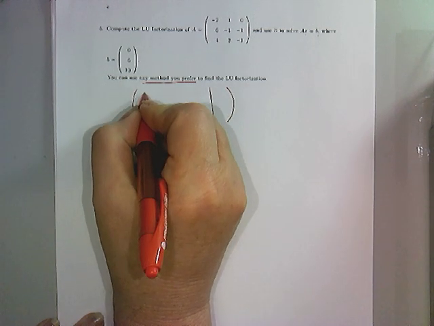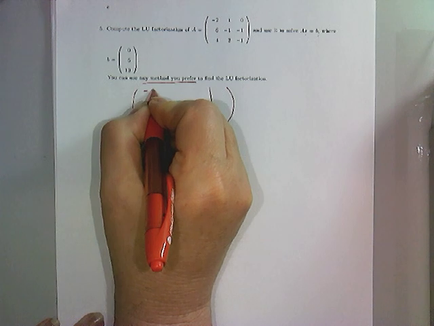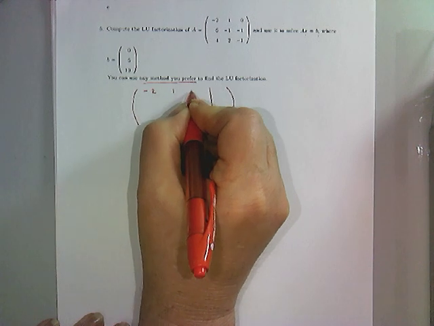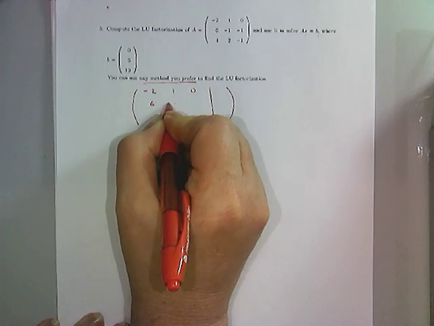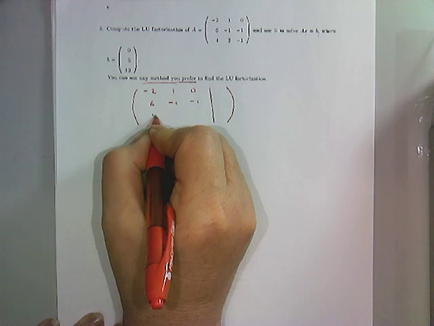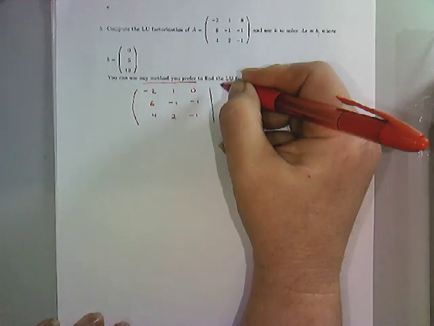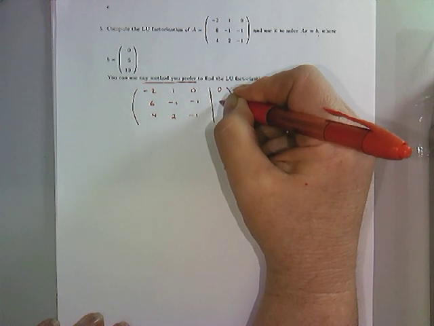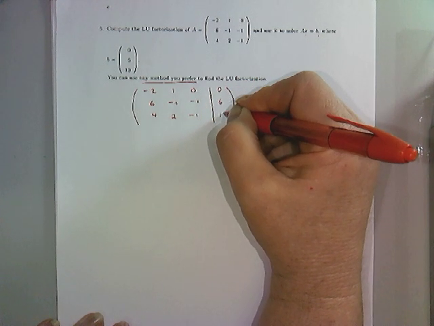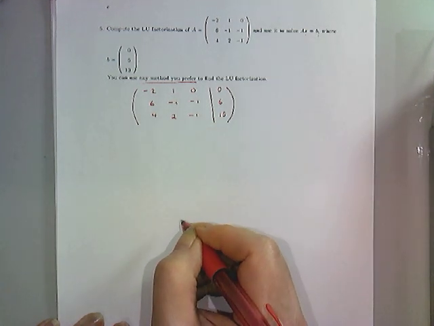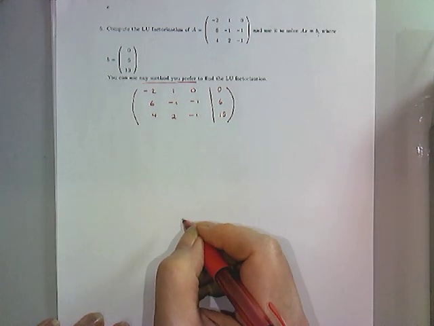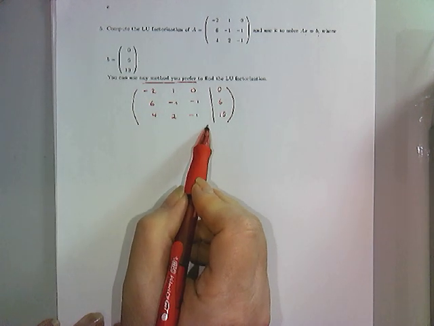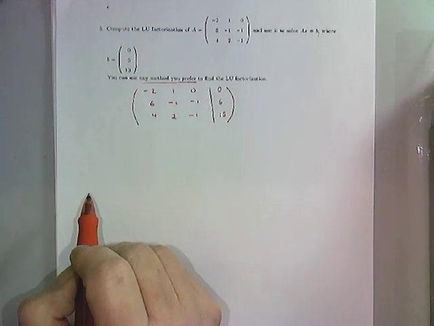So when I do that, I'll look at the matrix that consists of A, which is -2, 1, 0, 6, -1, -1, 4, 2, -1, that has appended to it the vector B, 0, 6, 10. And I'm going to use Gauss transforms to find an upper triangular system and then solve it.